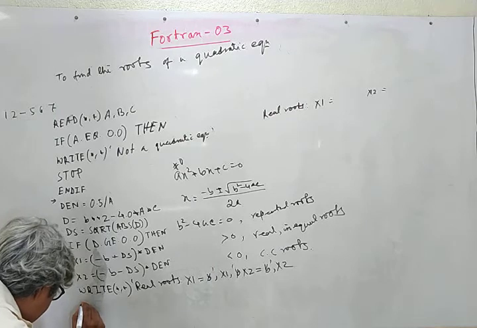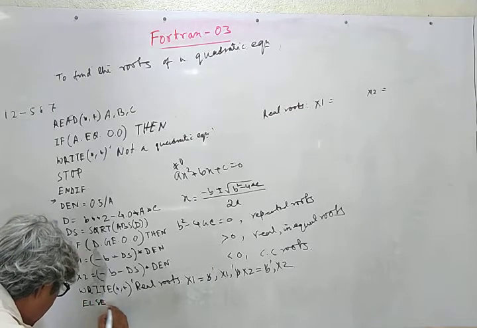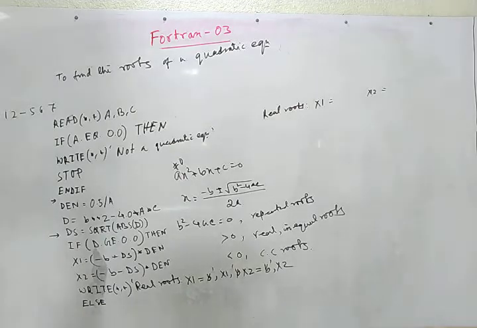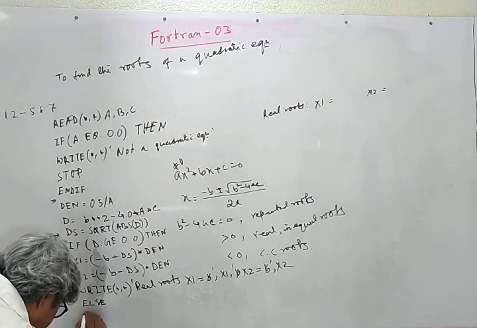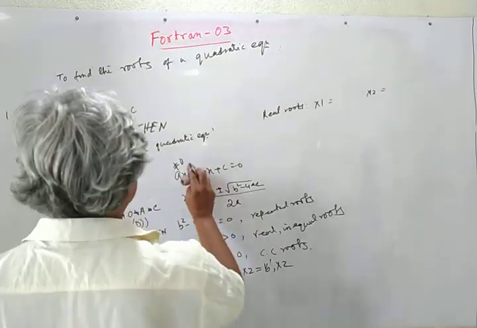Else, if d happens to be negative, then the program from here directly jumps over here, and the roots are complex conjugate roots, so we need to write xr, the real part of it. Let me come to this side.